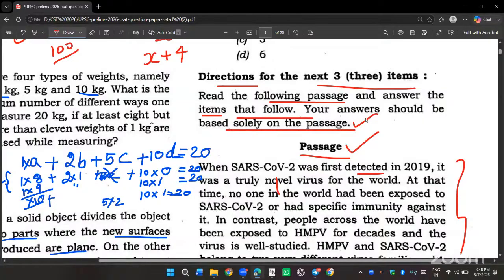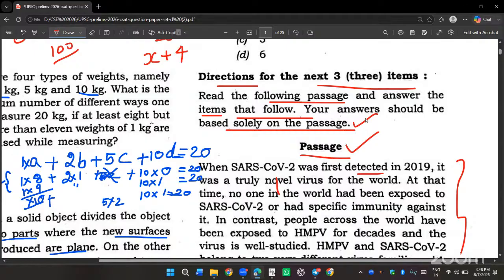When the CSAT was introduced for the first time, English comprehension questions were there. Single digit questions were asked about English comprehension. After that, they stopped it. Anyway, for various reasons, we need not discuss that.